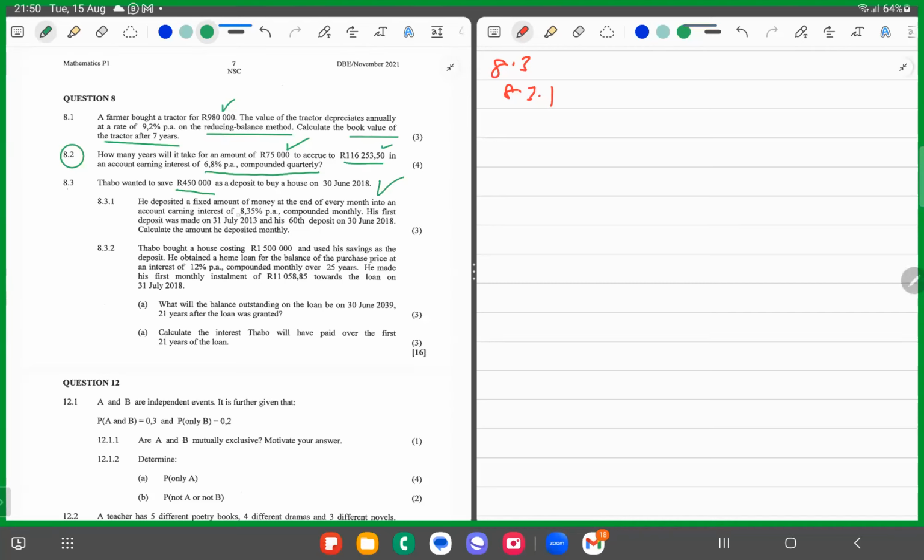He deposited a fixed amount of money at the end of every month into an account earning interest of 8.3% compounded monthly. His first deposit was made on 31 July 2013 and his 60th deposit on 30 June 2018. Calculate the amount he deposited monthly.